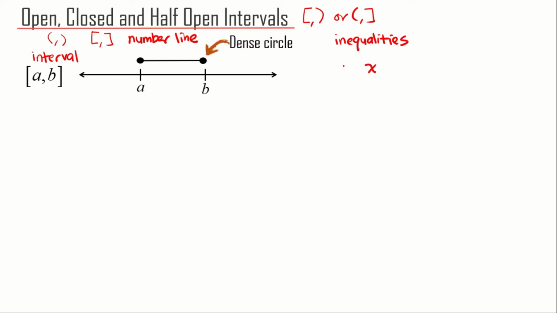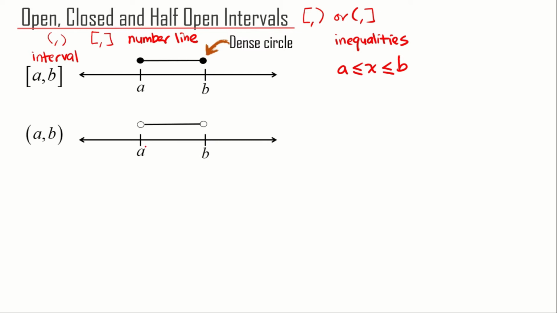So we have x here is a value between A and B, where x is greater than or equal to A and less than or equal to B. The next one we have here is the open interval from A to B. For the number line representation, we have from A to B, and we will represent the open interval by using the empty circles.